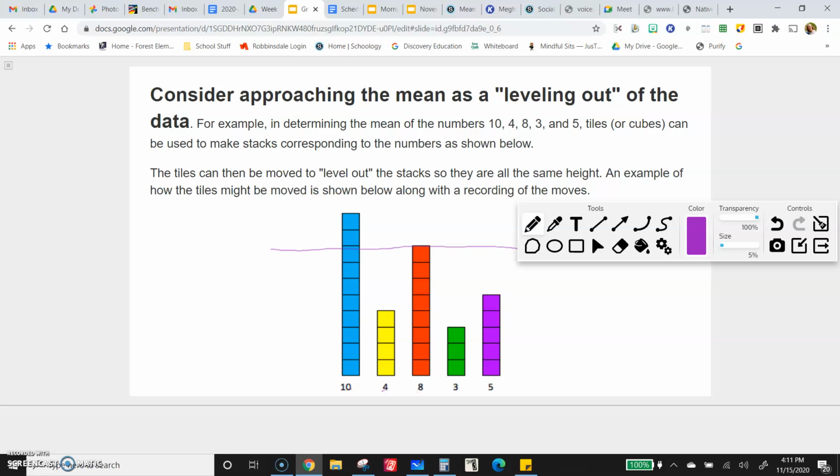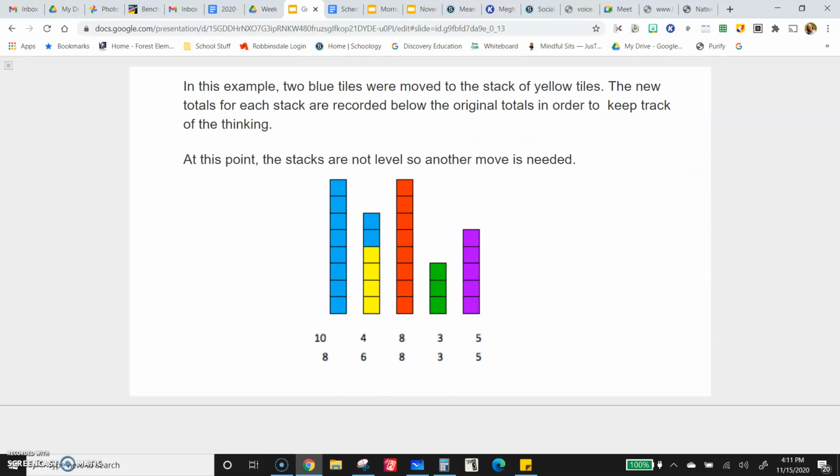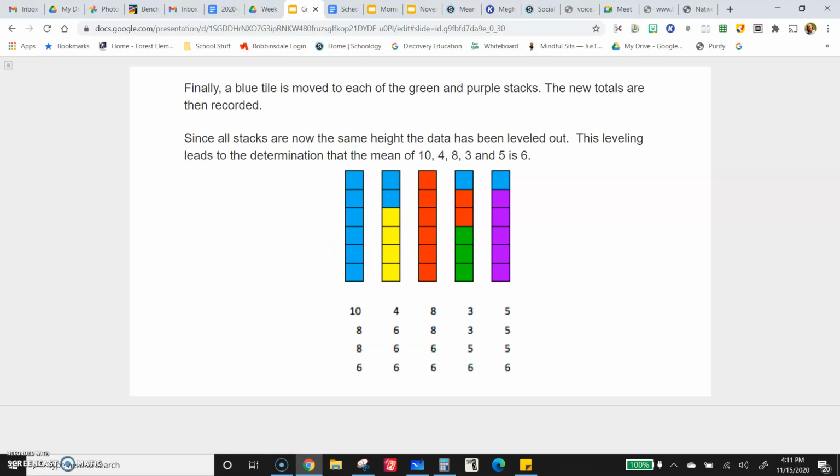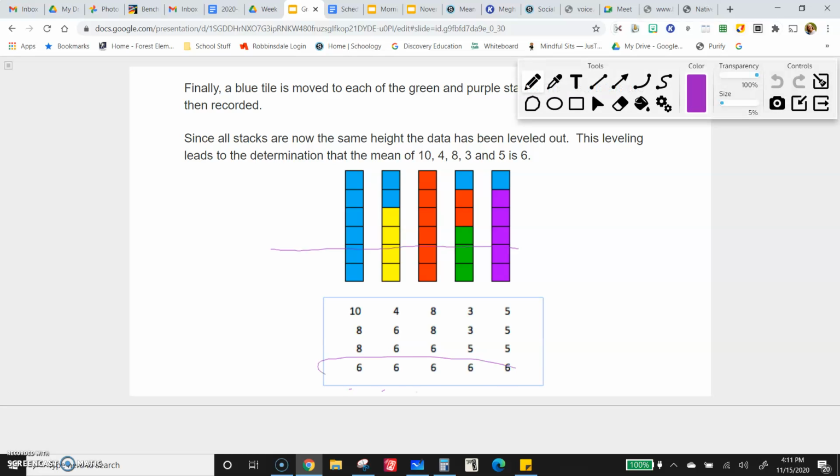Well, if I move a couple from the blue to the yellow, then I move some from the red to the green, and then I pass out those blue to the other ones, I can see, oh, if I share them all equally, then I see that there are 6 in each bar.